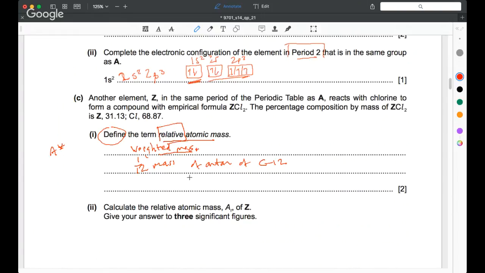You need to write out the full definition, but the main points the examiner is looking for are the sense of a weighted mean or weighted average, and that it's a relative atomic mass, so you're comparing it to carbon-12. Specifically, you're comparing it to 1/12 of the mass of an atom of carbon-12.